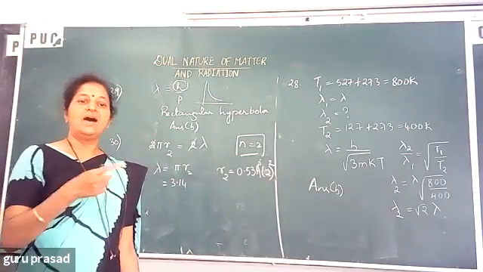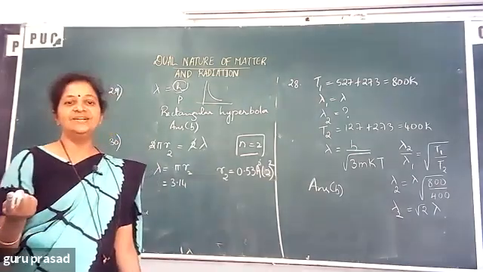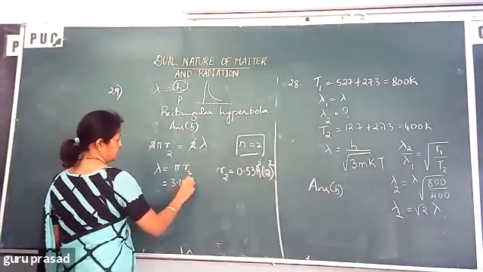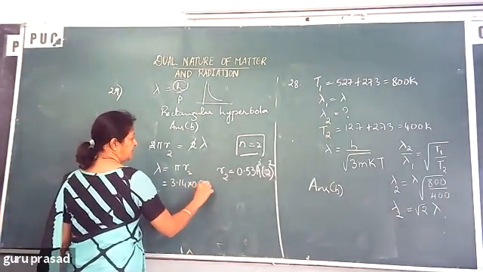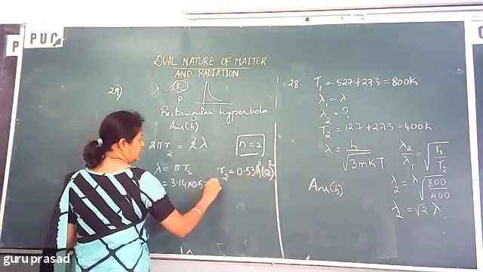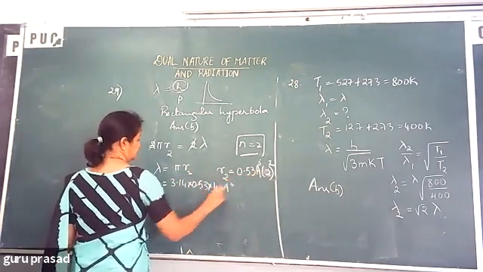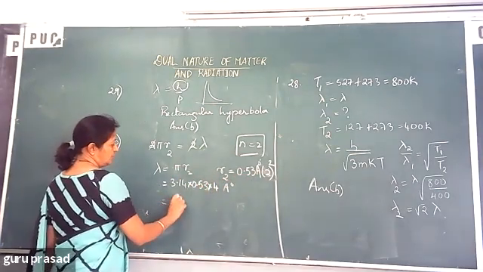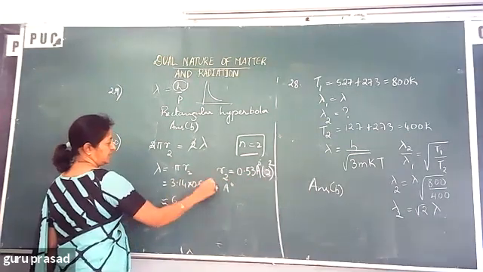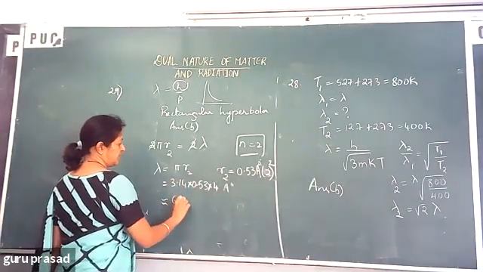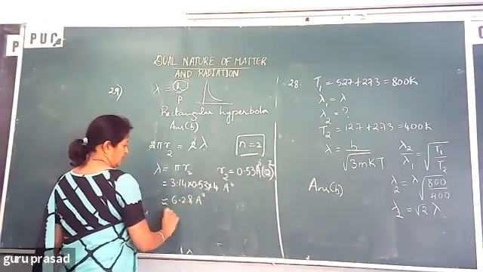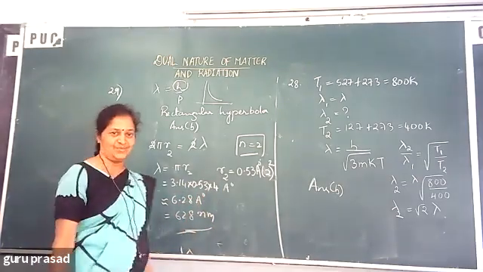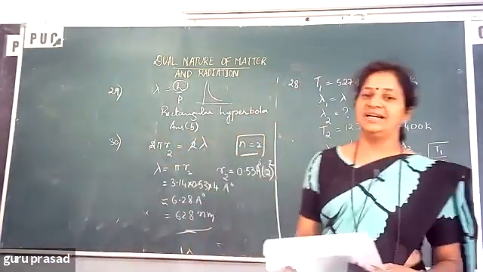Let me substitute there. 0.53 into 4 angstrom. This cancels twice. So almost 6.2 into 3.14 is 6.28 angstrom. Roughly I am talking about, but definitely you can find the answer.